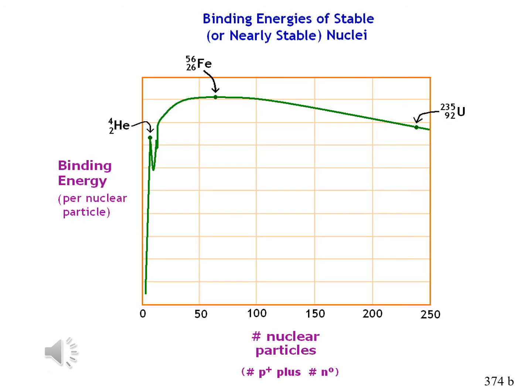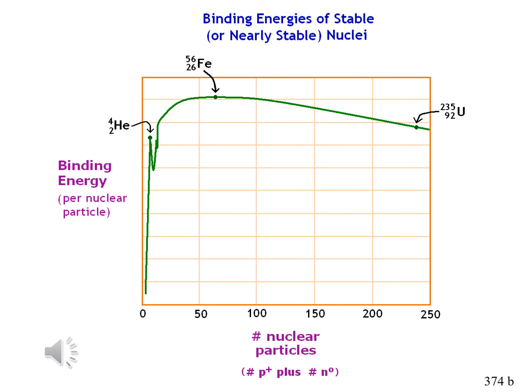You can see why fusion gives off so much more energy than fission by looking at this binding energy graph. If you fission uranium-235 and it goes to smaller atoms, they are going up a pretty shallow slope as you go up in binding energy.